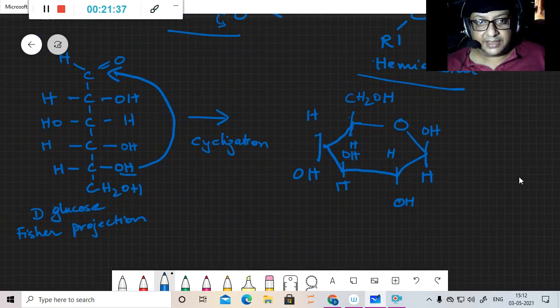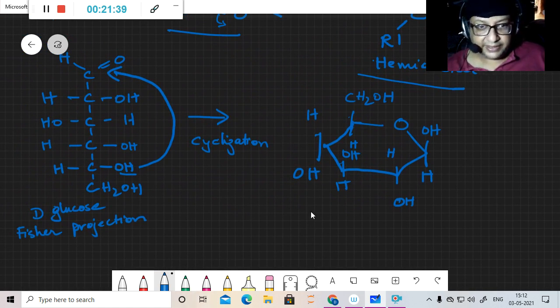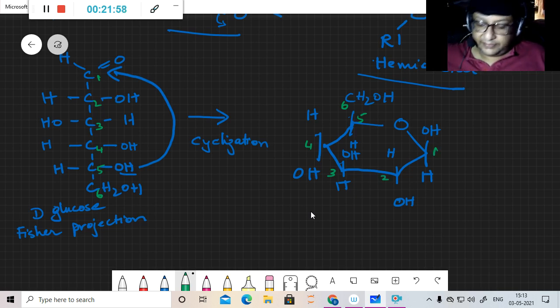Let us mark the carbons over here in red or green. So if this is 1, 2, 3, 4, 5, 6, so this is 6, 5, 4, 3, 2, 1. Now two things can happen. This is the first situation which can happen.